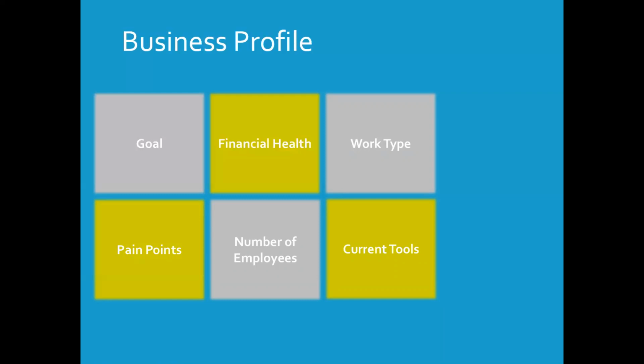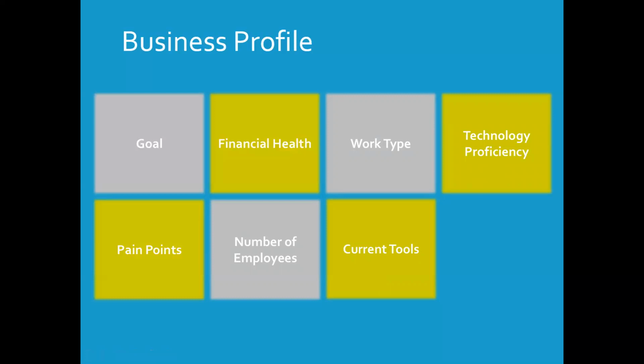And of course, we already know our pain points, so we know what challenges we need to overcome as well. And then finally, we'll understand the technology proficiency of those within the business. So the employees, the finance team, the people that would be potentially affected by the app, how technology savvy are they?